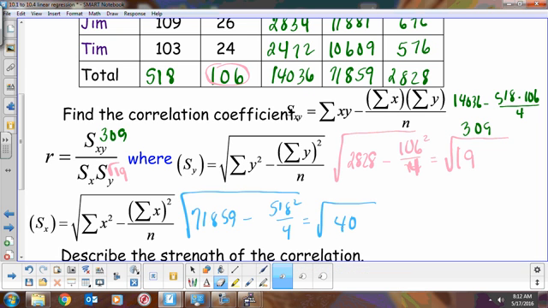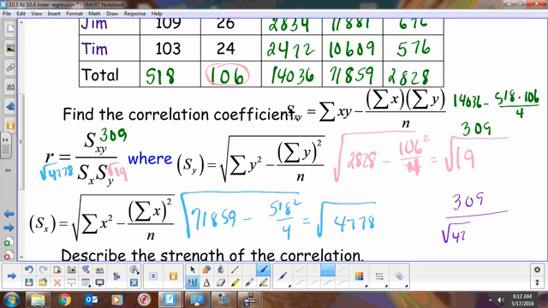Boy, that's a bigger one, isn't it? 4778. So this is going to be the square root of 4778. So now we want to figure out, get a different color. We want to figure out what is 309 over the square root of 4778 times the square root of 19.